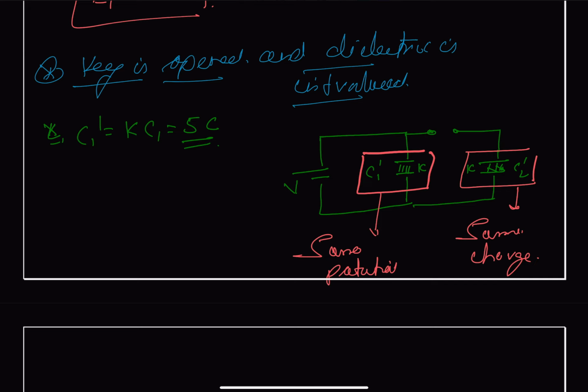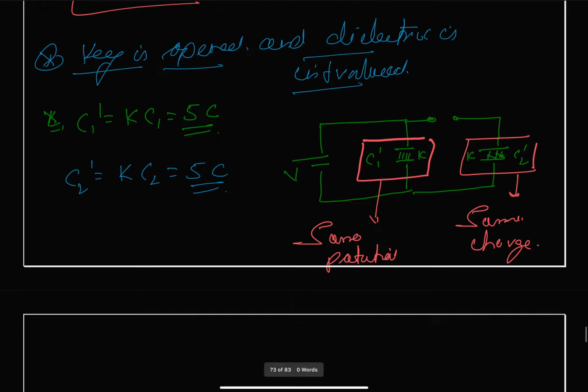And for our C2 prime will also be equal to K times C2, which gives us 5C. And we can find the charge on this. Okay, we need to find the energy.